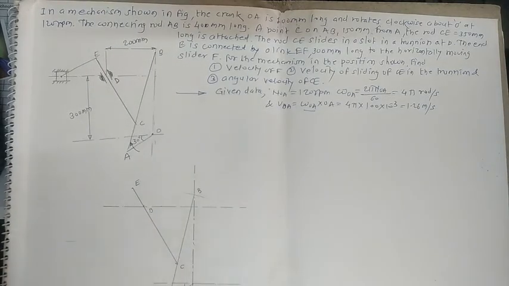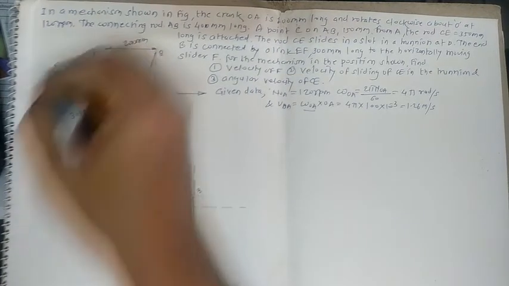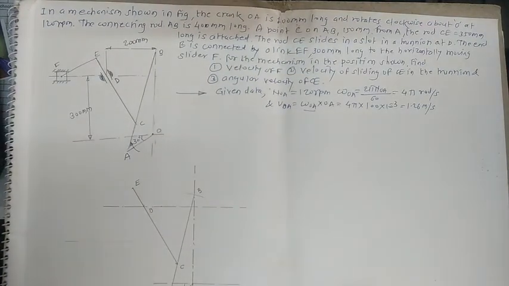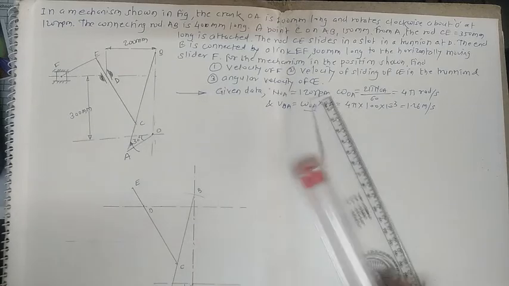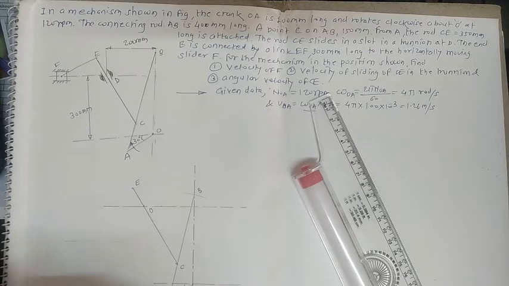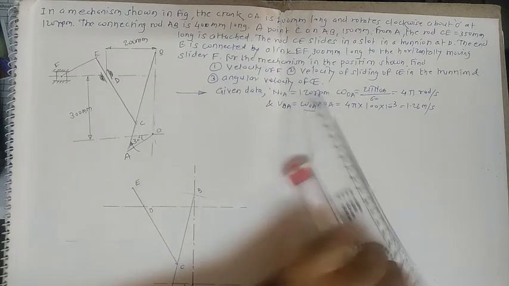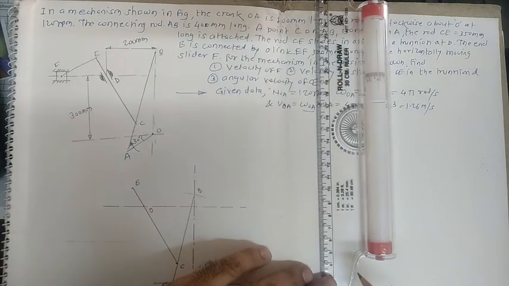What's about the next one? EF is nothing but the last link. So EF 300 mm long is given. Take this distance in compass, 300 mm per scale. So take that.